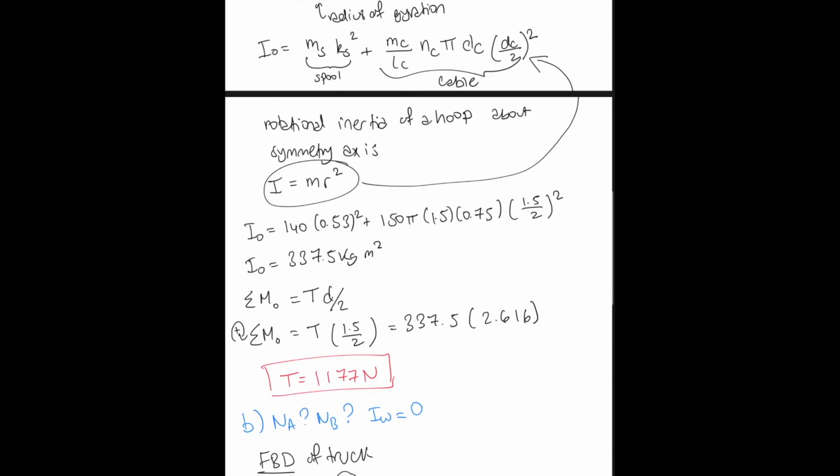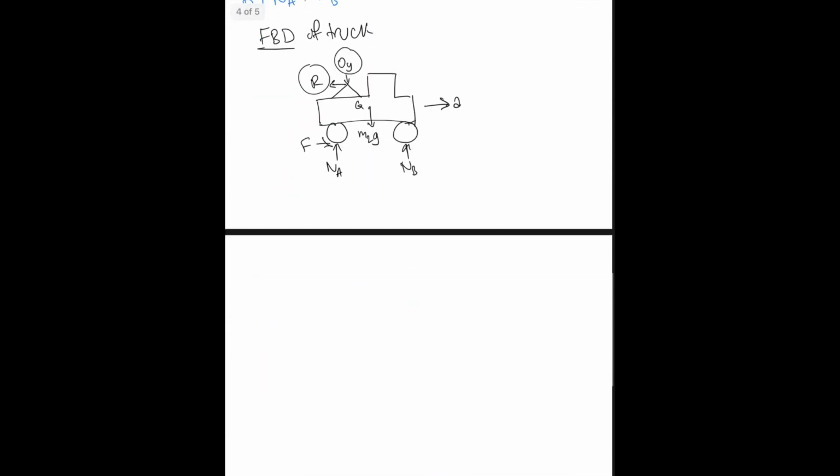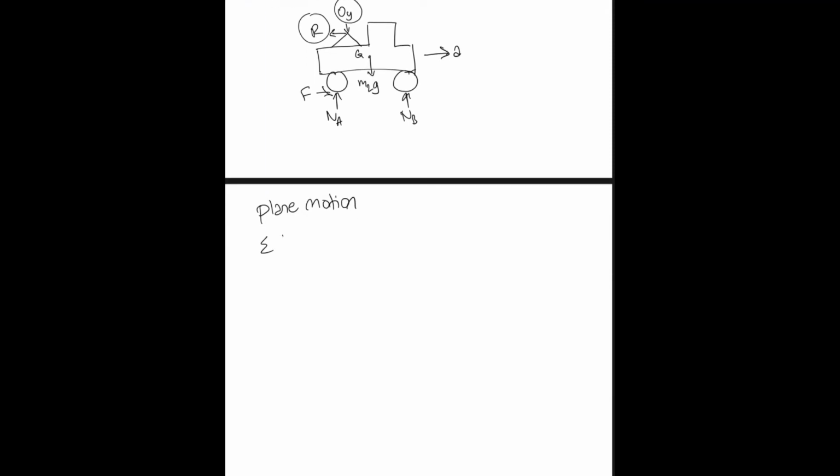So, going back to our free body diagram over here, we can easily find the reaction forces of OY and R because we've already found the tension force T. So all we have to do really is our plane motion equations, or Newton's second law. Sum of forces is equal to ma.